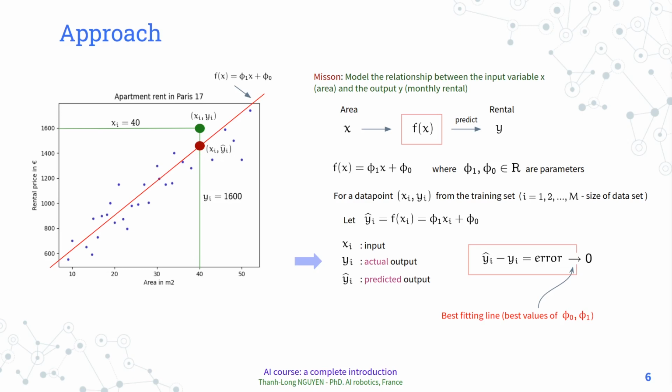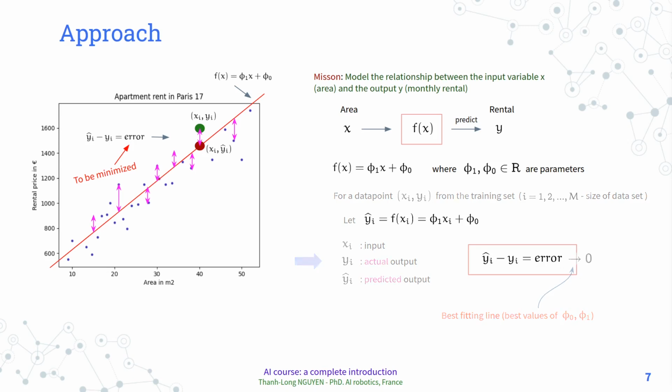Please note that the coordinate of this point is xi, y hat i. Then, this difference between y hat i and yi is called error, and it is the value that needs to be close to 0. In the same way, we calculate the estimation error for all the data points in the training set like this and try to find the linear function f of x such that these errors are minimized.